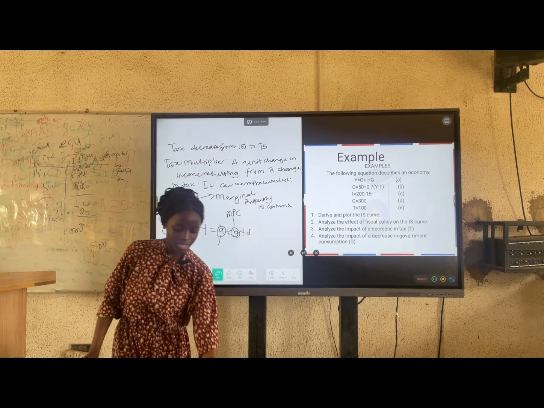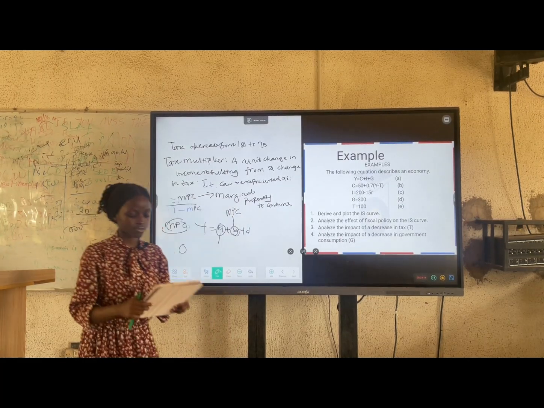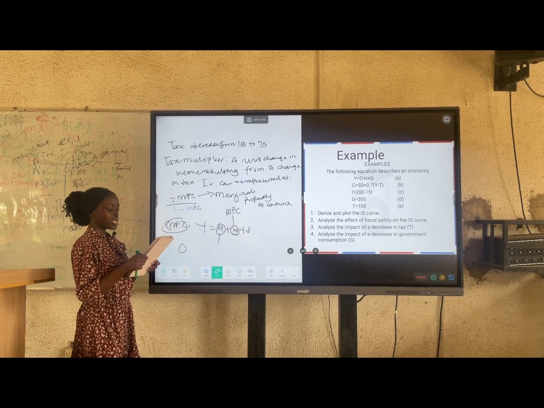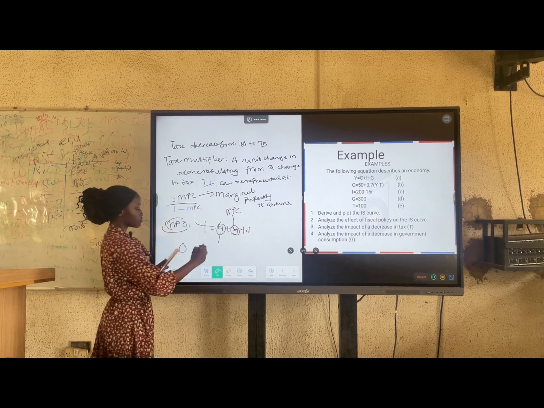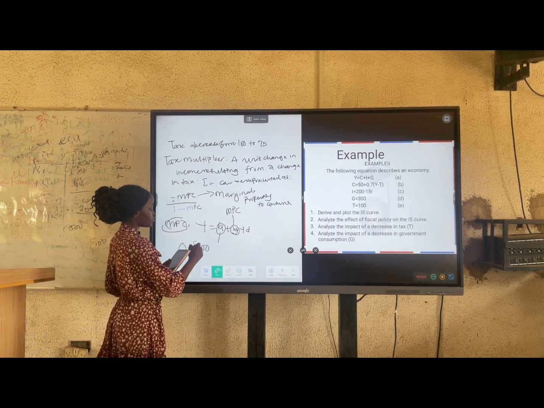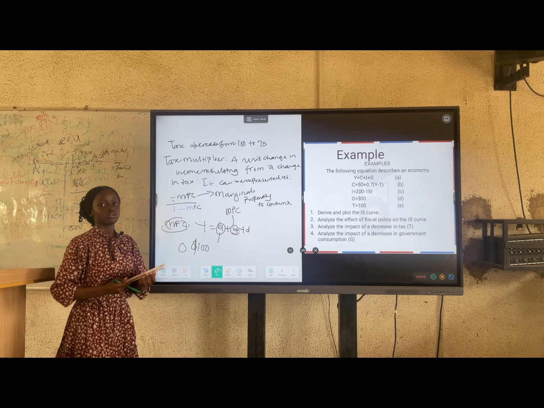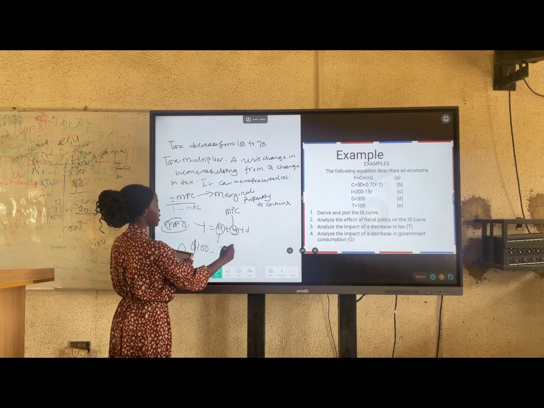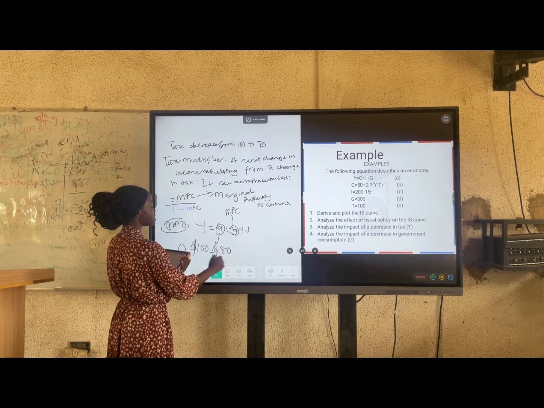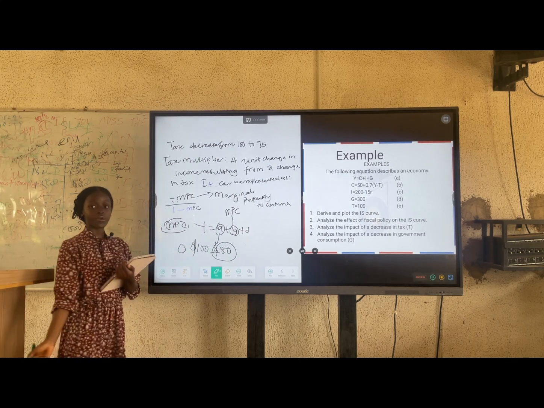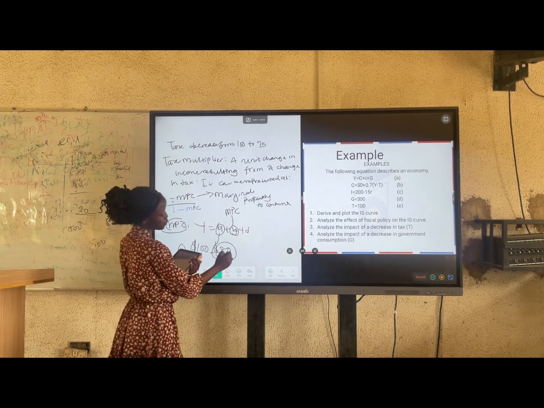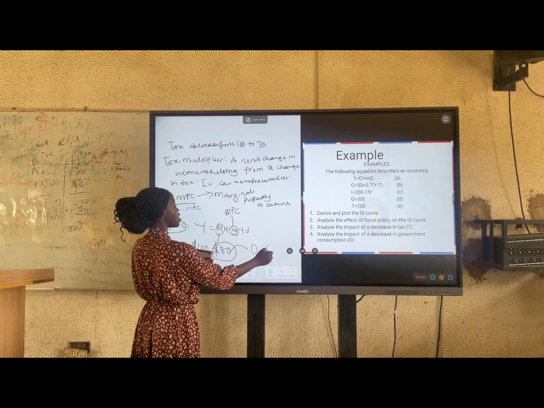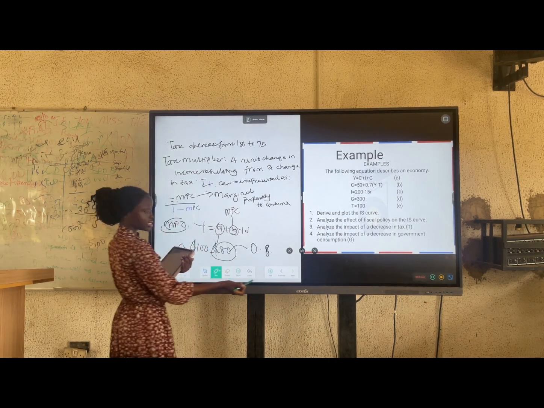Let me give an example. Let's say as an individual, I got $100, and then I spent $80. This $80 is the marginal propensity to consume, which can also be represented as a percentage, 0.8.